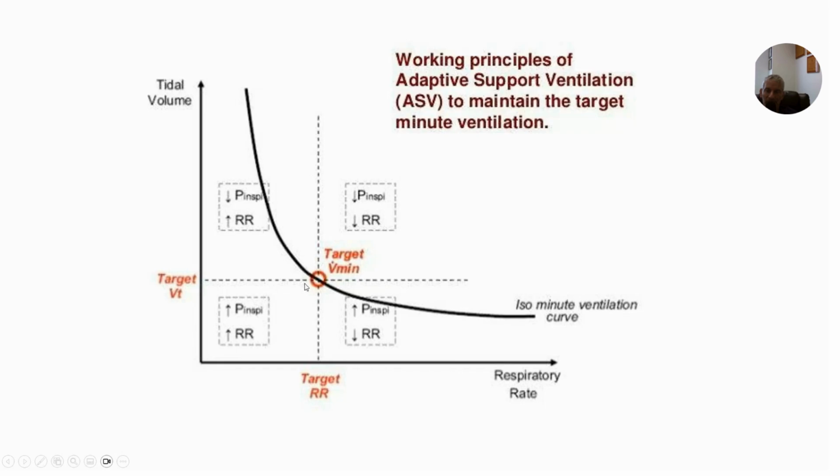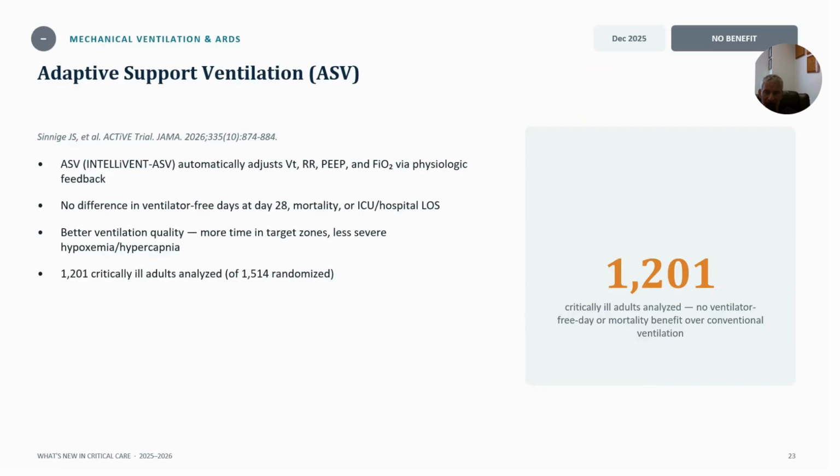And then it would keep you on that curve, and that's the target tidal volume, target respiratory rate. So based on where you're at, it will change the rate and the tidal volume so that it matches the minute ventilation. That's the bottom line. So maybe this would be beneficial for patients.